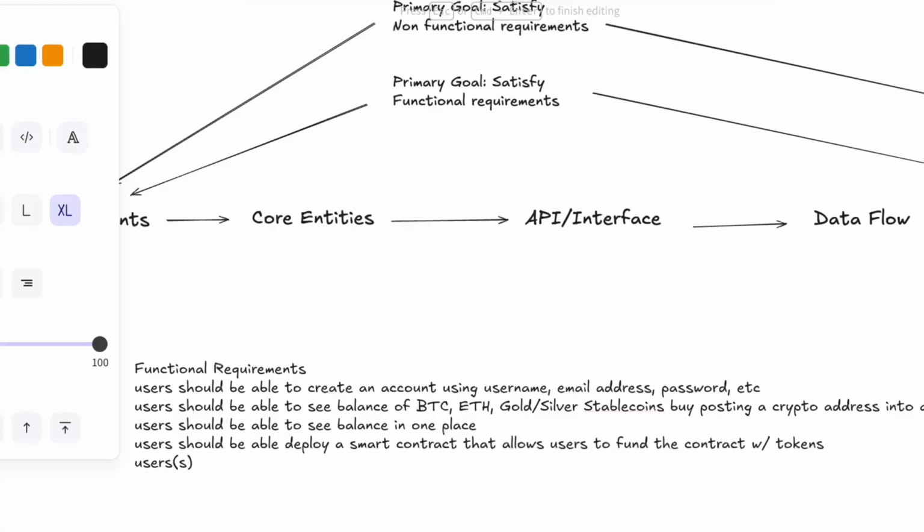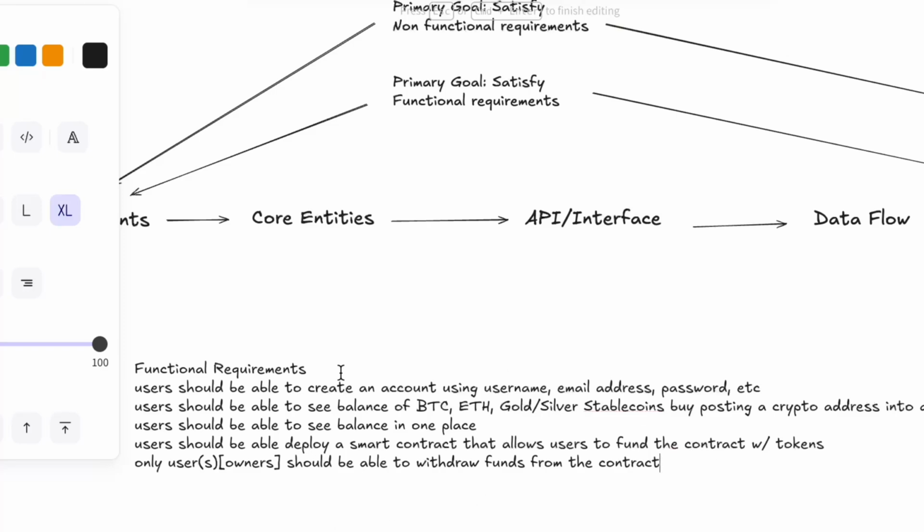So user, or if there are multiple owners of a contract, only users, and in quotes we can put owners, in brackets we can put owners, should be able to withdraw funds from the contract. So these are some of our functional requirements.